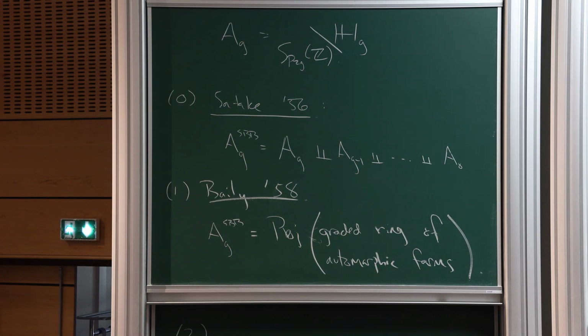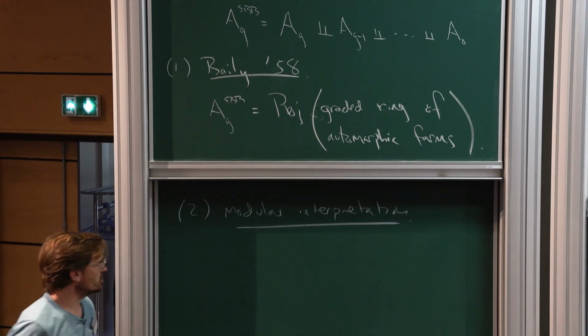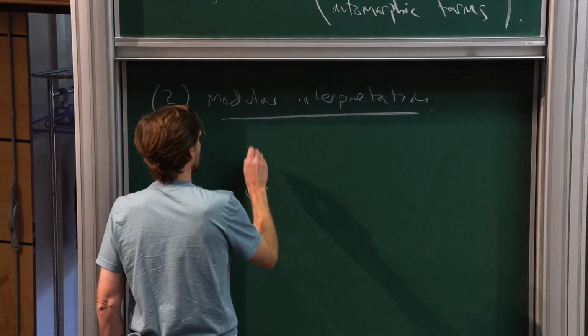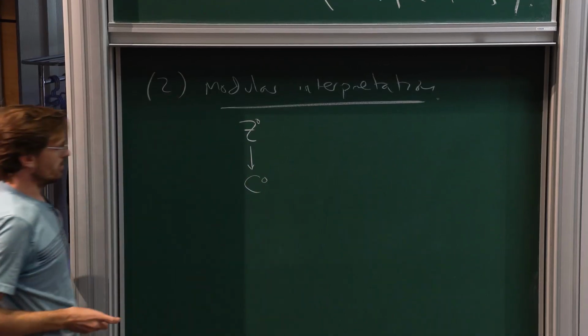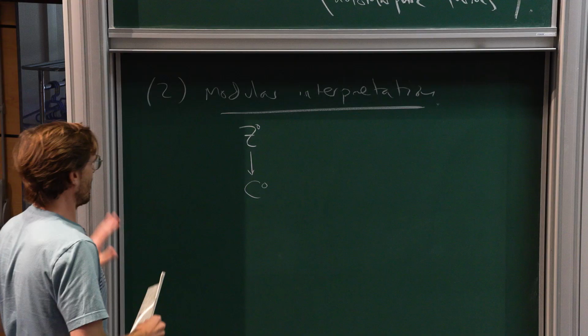Okay, so what is the modular interpretation? Well, like I said, it's in terms of one-parameter degenerations. So let's talk about over a curve. Suppose I have a family of abelian varieties over a curve. My families are going to be Z, because X and Y are already taken.